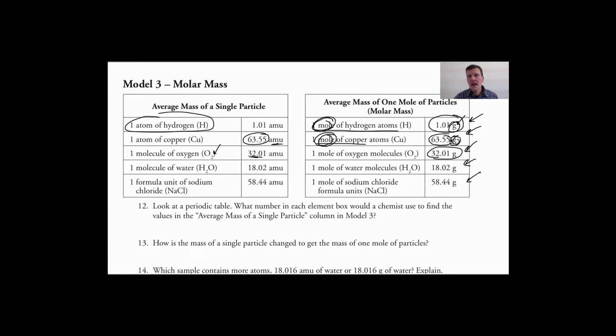All of these numbers are the molar mass of those particular elements. Every element or compound has its very unique molar mass. In fact, it's often used to identify what you have if you can find the molar mass.